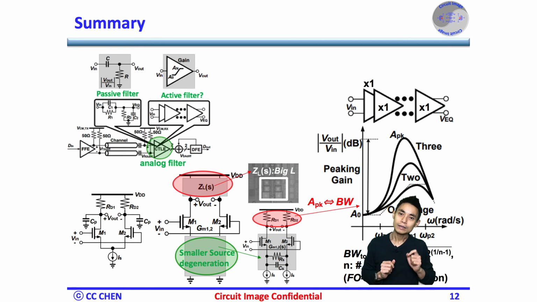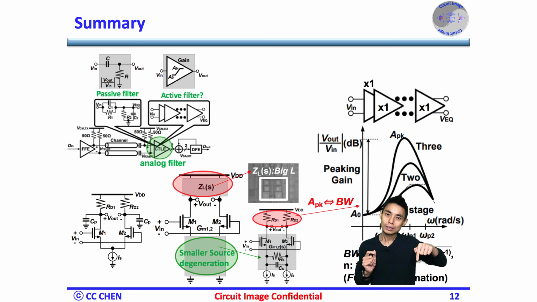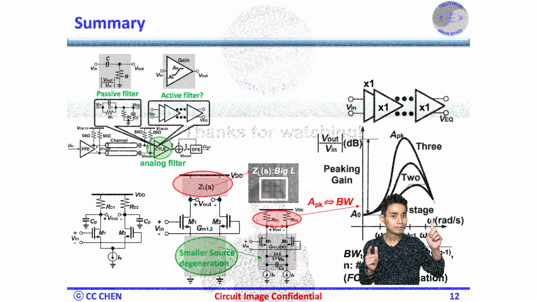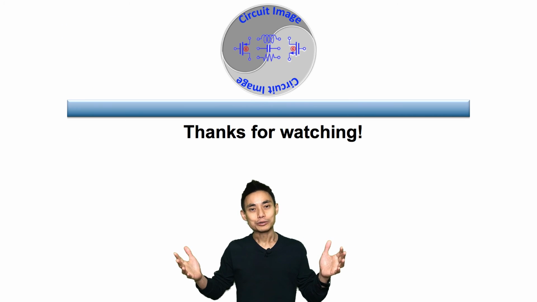We could make another fine-tune to extend the bandwidth back by reducing the gain at the Nyquist rate, which may reduce the RX input sensitivity. Therefore, the limitation of the peaking gain and bandwidth trade-off should be obvious to you, especially at a higher data rate target.